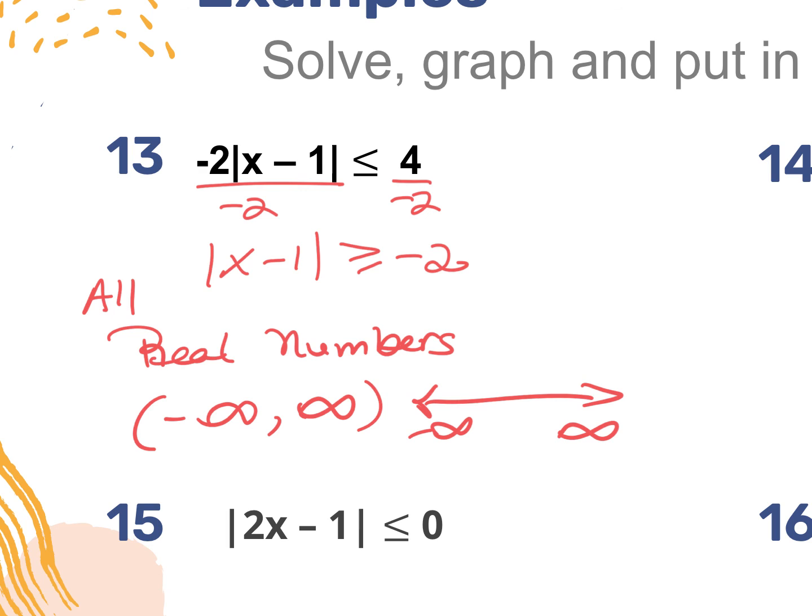So it would be everything here. And that would be all real numbers. Another symbol that you may see later on for all real numbers, it's like a capital R, and then they add another stick there.